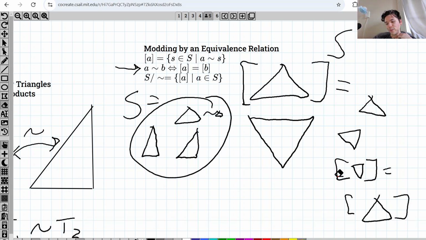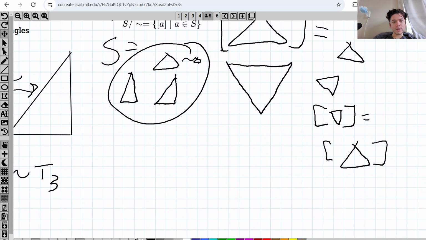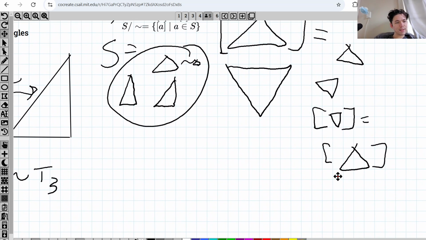And then what this allows us to do is that once we take our set S and we compress it into the set S mod tilde, our triangles modulo similarity, it allows us to study all of the different types of triangles up to similarity.